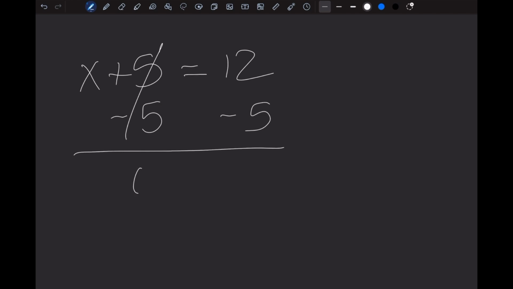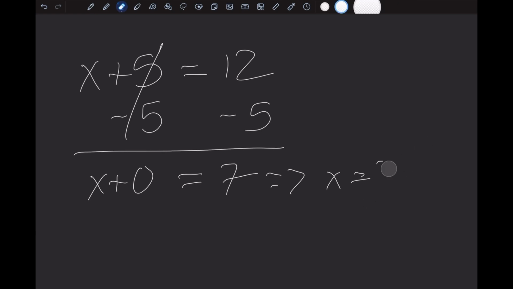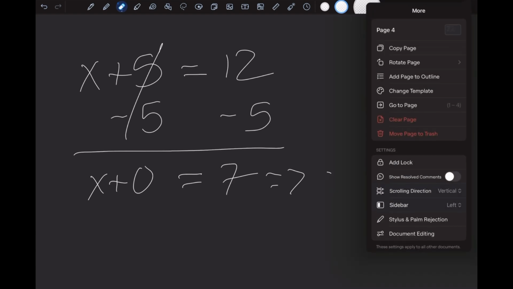Cancel out the 5 to get 0 over here, plus x, which you can just leave blank, but as an introduction. But then you do 12 minus 5, which is equal to 7, so this implies that x is equal to 7. Now, that is a simpler kind of problem where it's pretty straightforward and doesn't require you to do much more than that.